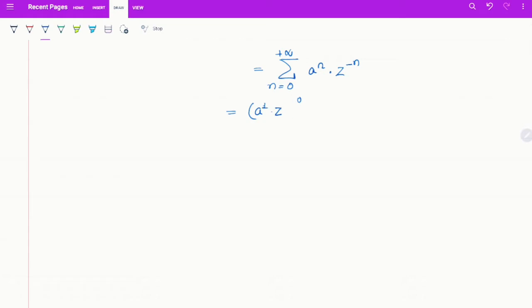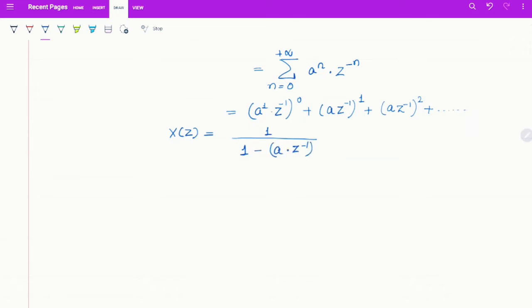So a into z inverse to the power 0, plus a into z inverse to the power 1, plus a into z to the power minus 1 to the power 2, plus like this it will go. So X of z is equal to 1 divided by 1 minus a into z to the power minus 1.